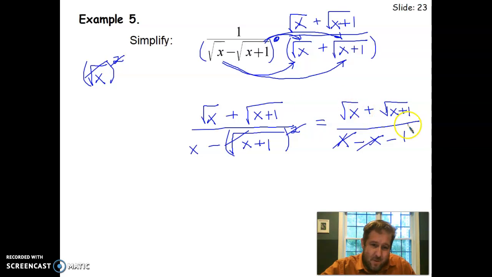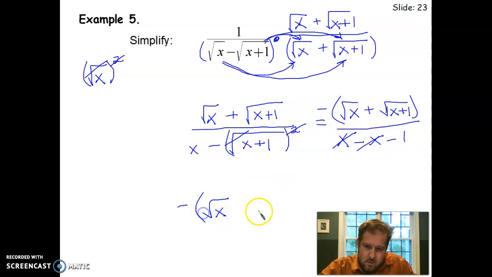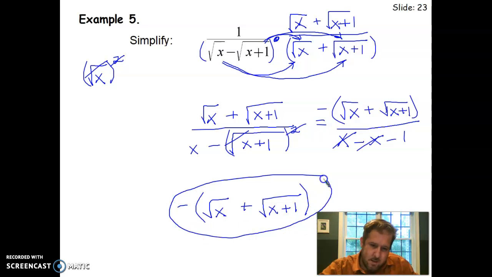And now you just have this divided by negative 1, which honestly I don't like to leave divided by negative 1. Dividing something by negative 1 just takes whatever's on top and turns it into a negative. So that's literally the answer. The answer is going to be negative because it was divided by negative 1: square root of x plus square root of x plus 1. And that is as far as it can be simplified using any of the rules that we have looked at.